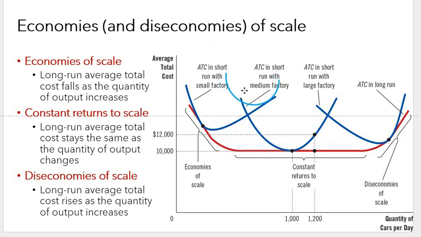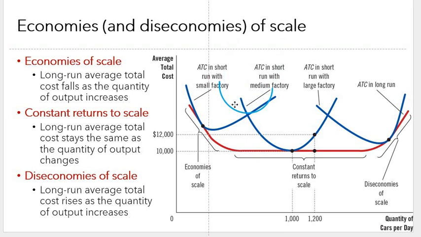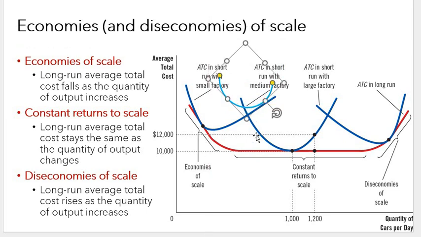That means if I produce more, instead of going along this blue parabola, I want to go along this other ATC curve. No, I don't, because the higher the curve is, the higher the cost I'm facing.